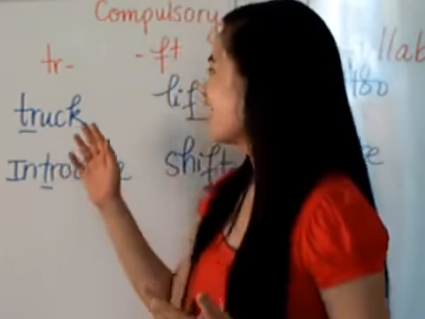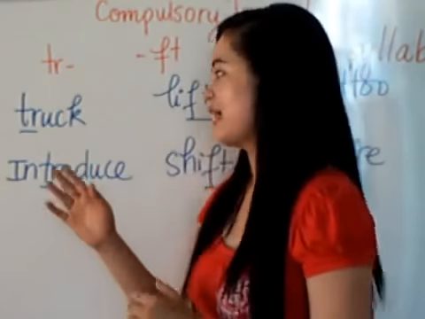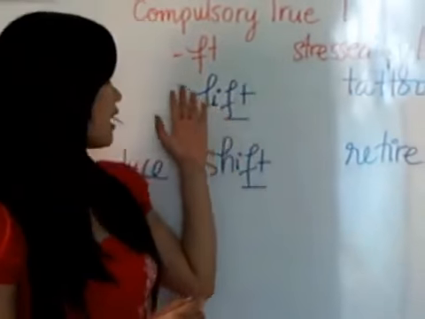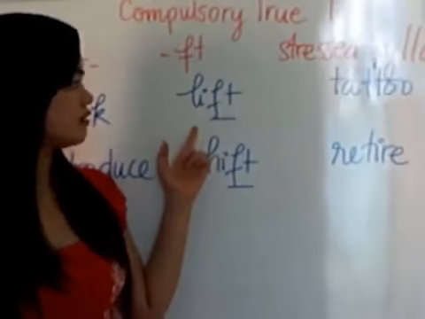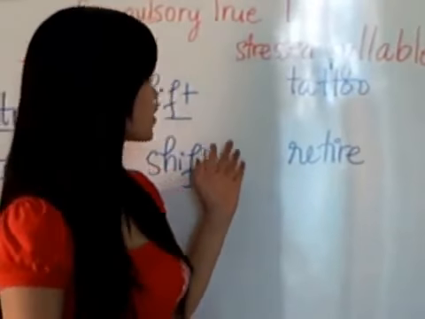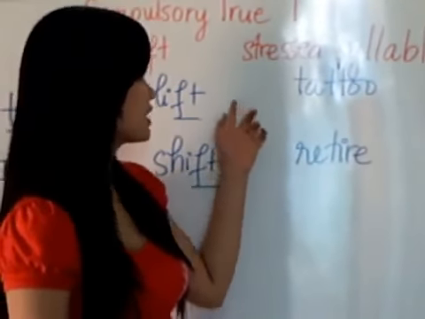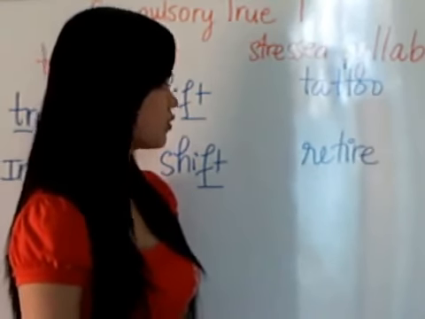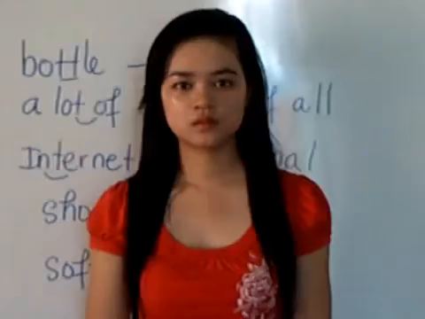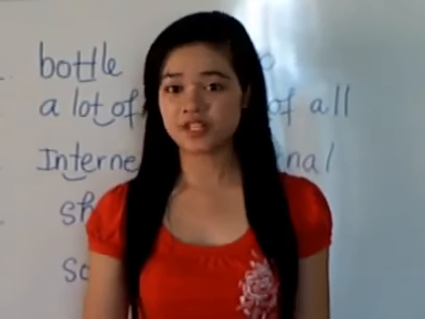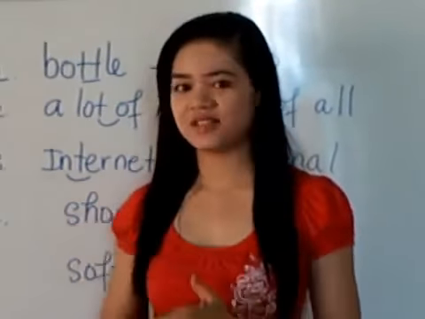The fourth, when it has TR, like truck or introduce. Next, FT like lift or shift. And the last one, you have to pronounce true T when it's at the beginning of the stretched syllable, like tattoo or retire.